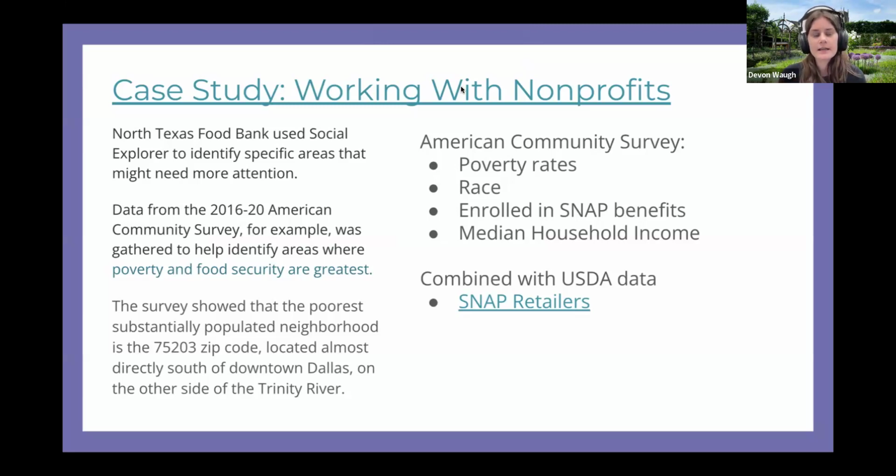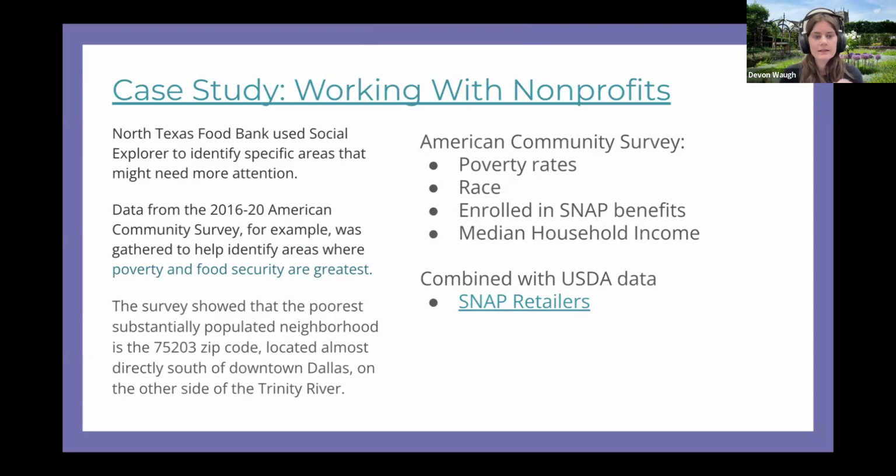And what they did is they took data from the American Community Survey to identify areas where poverty and food insecurity are greatest. They also wanted to look at SNAP benefits and areas where there are different SNAP retailers, but also the percentage of people in a zip code that are enrolled in that.